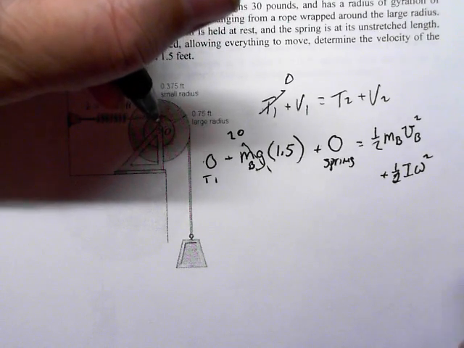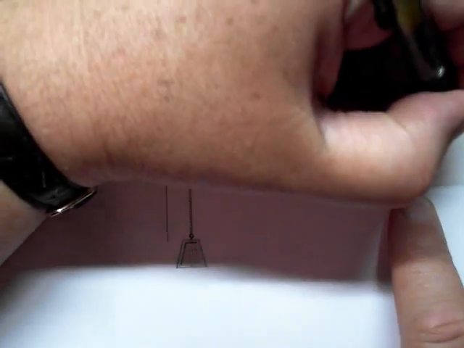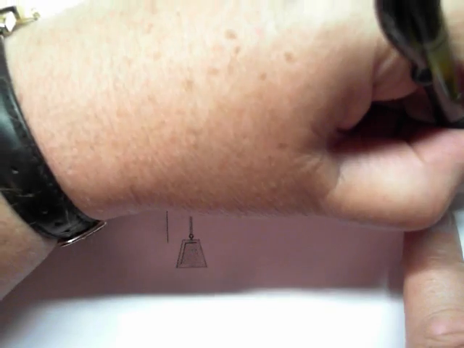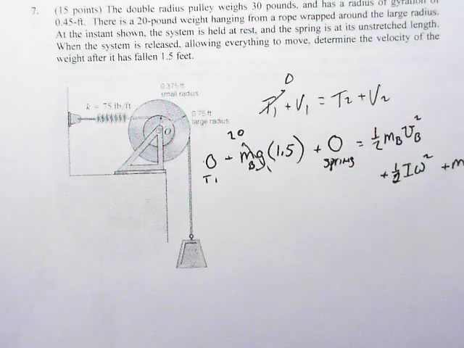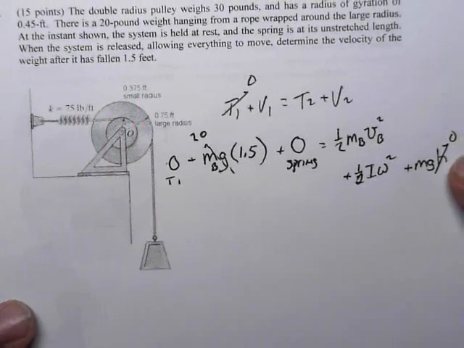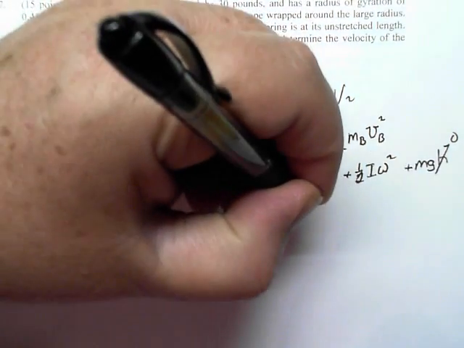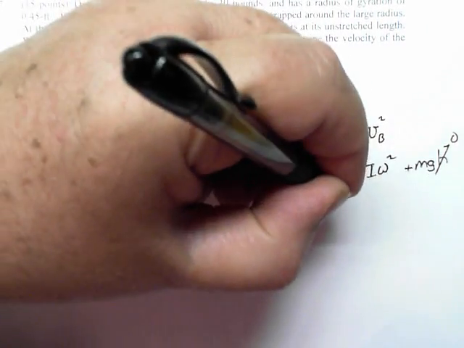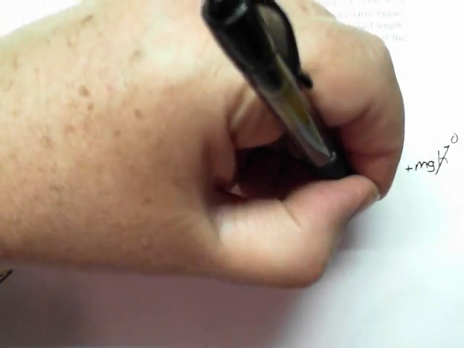That will take care of the kinetic energy. And then we will have plus mgh, but that h will be our zero value. That'll be my gravitational potential datum. And then finally the spring, so plus 1/2 k times stretch squared.